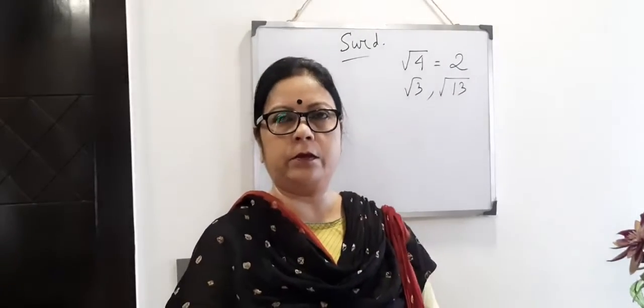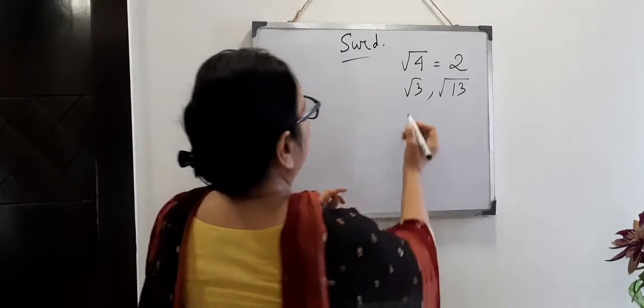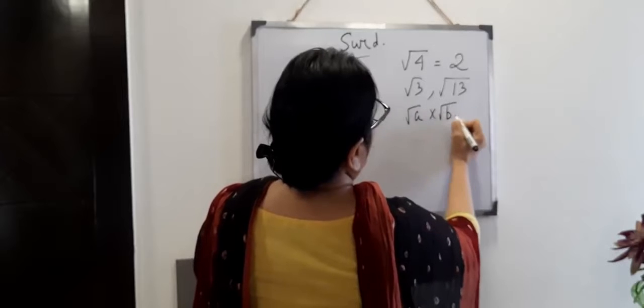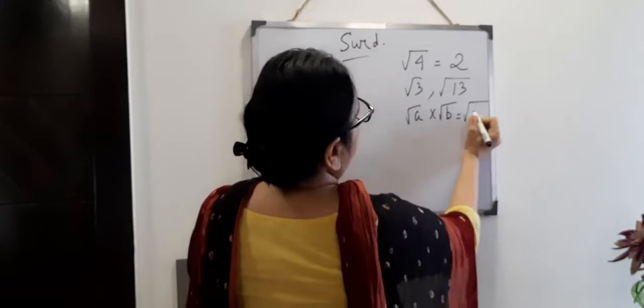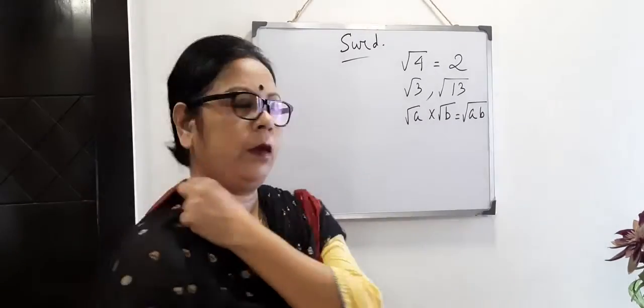You know this already. Things to remember: if there are two surds, root A and root B, then root A times root B you can write as root over AB.